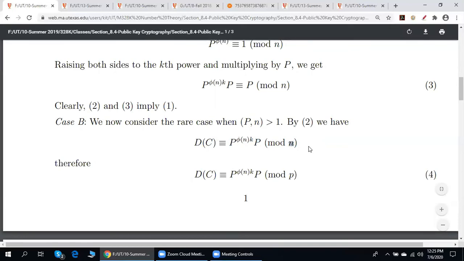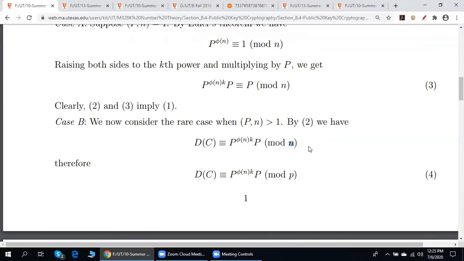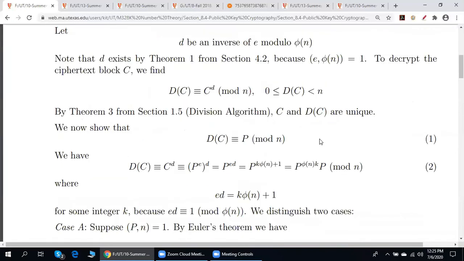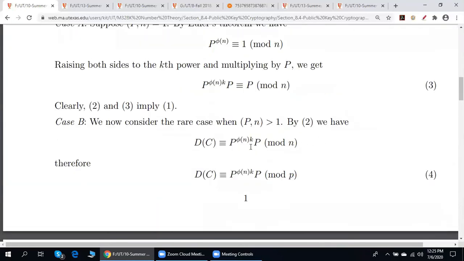But note that n is divisible by p because n is pq. So, since this minus this is divisible by n, and n is divisible by p, this minus this is divisible by p, which means this is congruent to this modulo p.